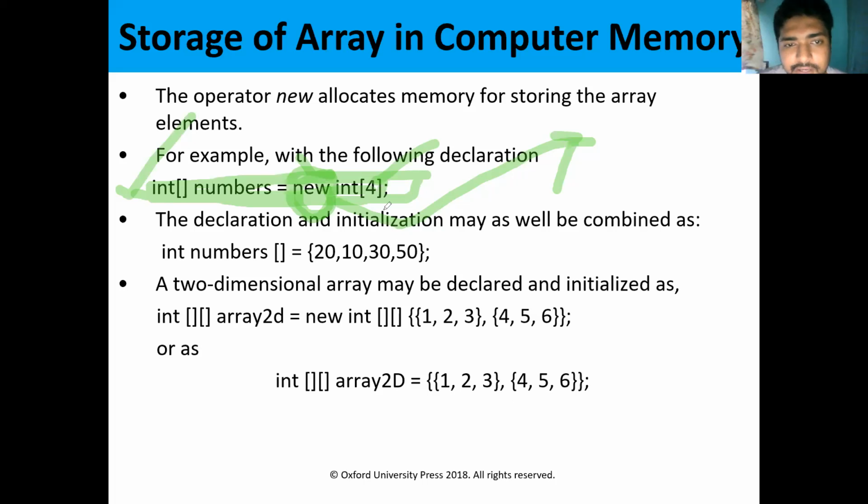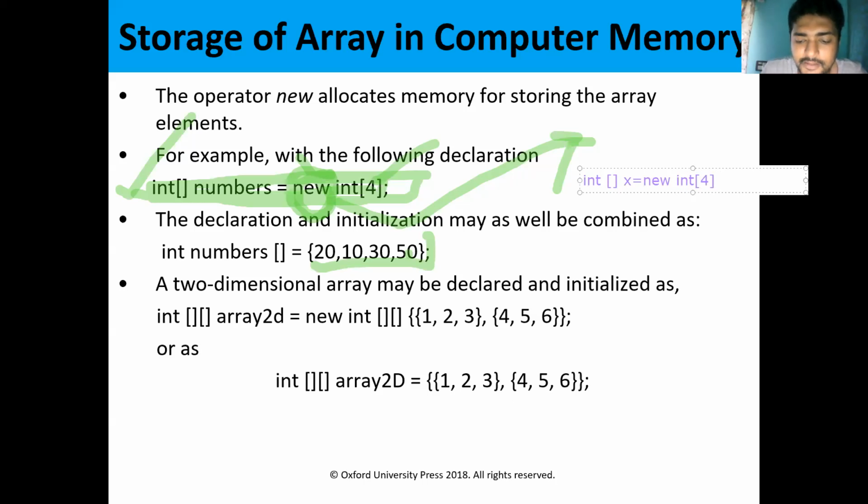Initialization: we can initialize the array members by using the same syntax. Int numbers is equal to 20, 10, 30, 50. Or we can give these values in the declaration statement itself. That is, int x is equal to new int, size is 4, and then within the square braces we can give the numbers 2, 3, 4, 5.